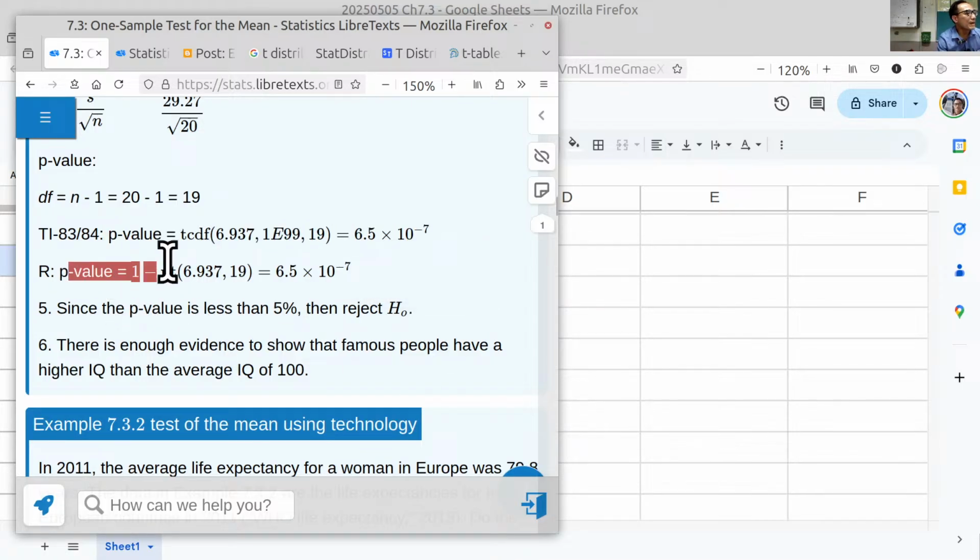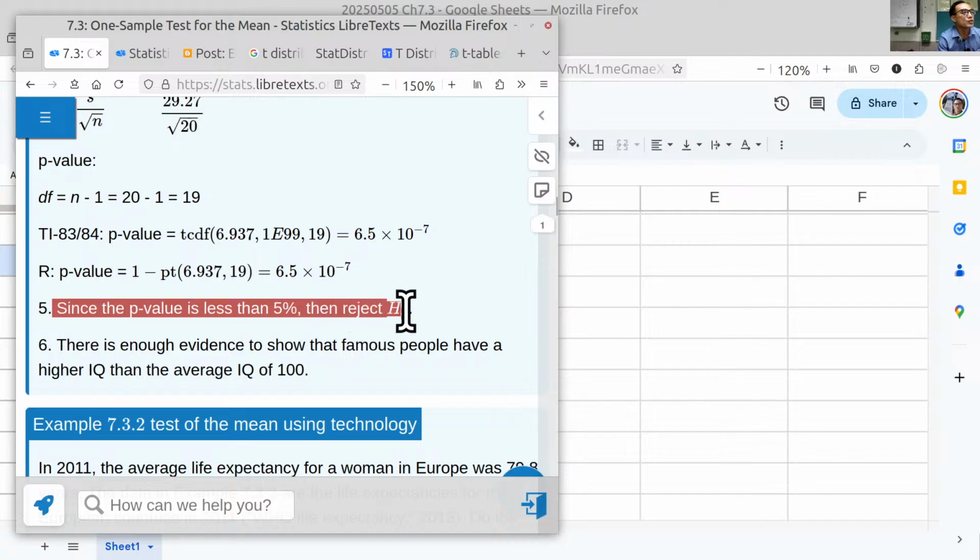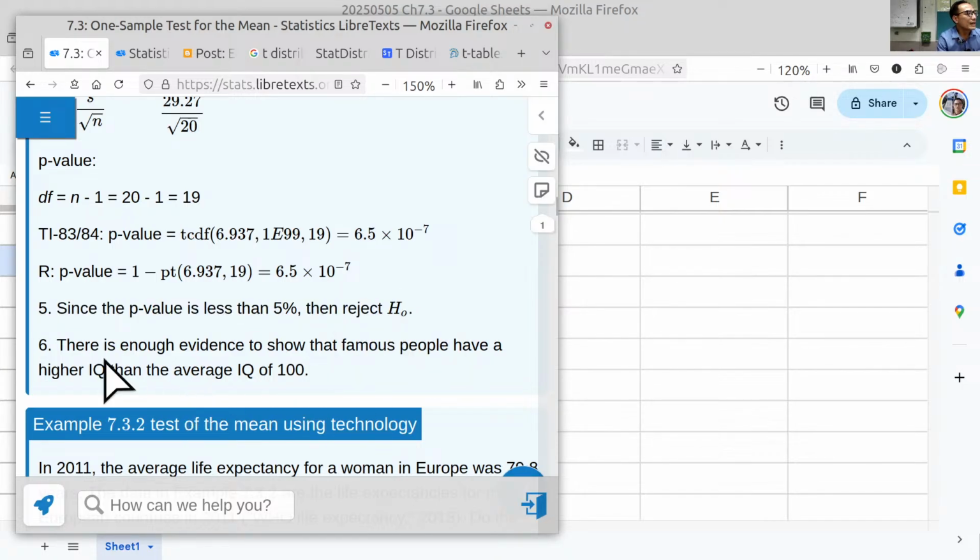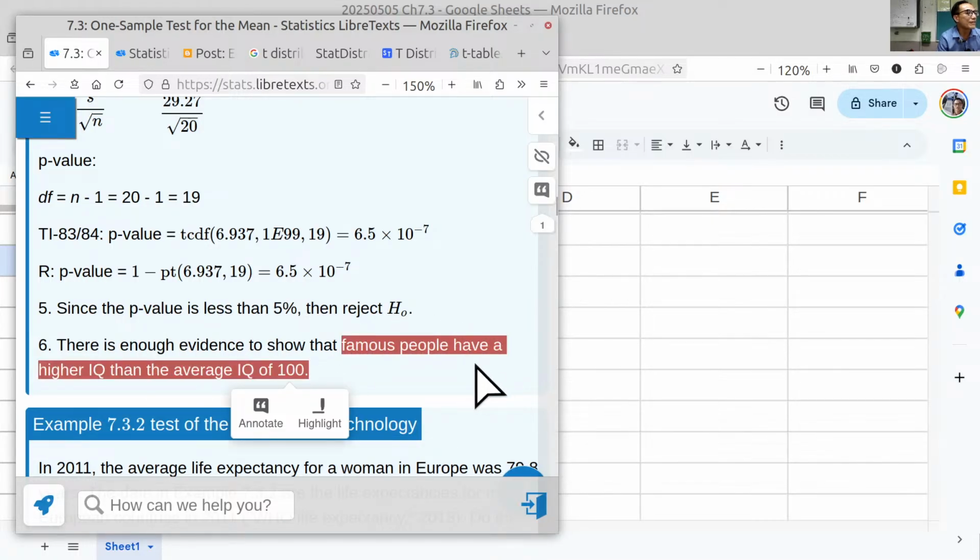The p-value is less than 5%, so reject H naught.